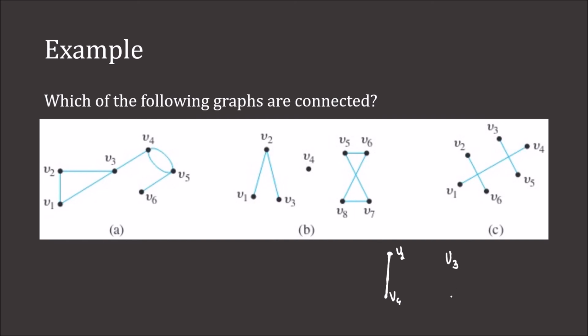Here is V3, V5. And here is V1 and V4. Drawn this way, it is now completely obvious that we cannot get from V1 to, let's say, V2. So C is also not connected. So the only one that is connected is A.